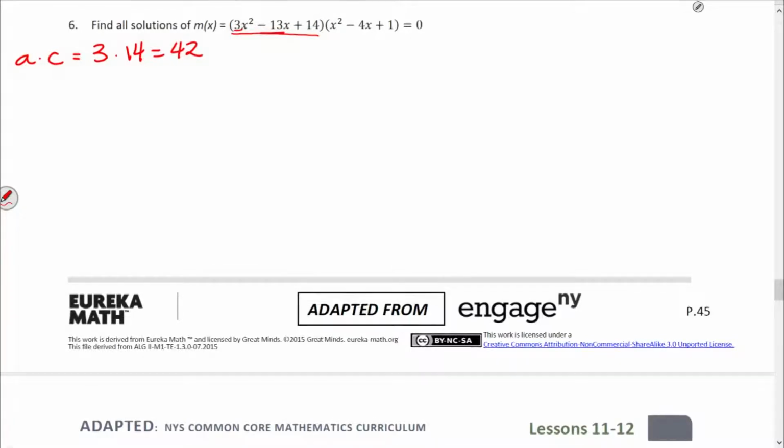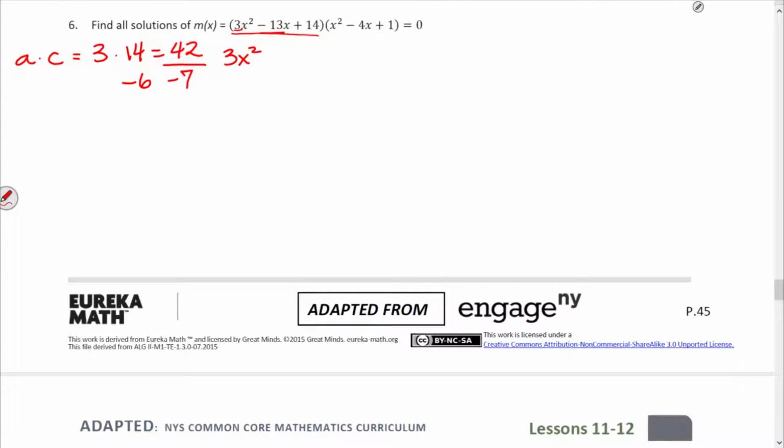It multiplies to be positive, so both numbers are either both positive or both negative. They add to negative 13, so they both must be negative. I think negative 6 and negative 7 multiply to positive 42 and add to negative 13.